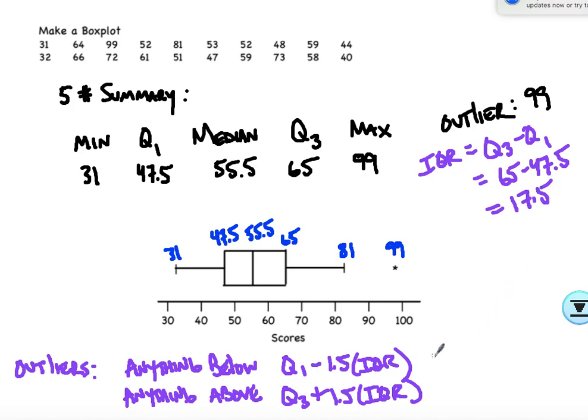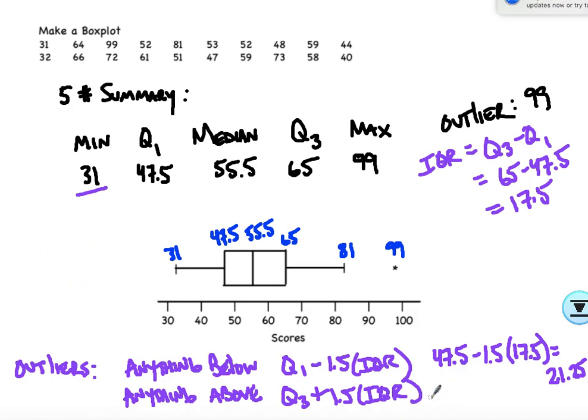Okay, so if I fill in the information, Q1 is 47.5 minus 1.5 times the IQR of 17.5. If we type this in our calculator, we're going to get 21.25. So anything below 21.25 would be considered an outlier. But our minimum is 31, so that's why there are no outliers down here.